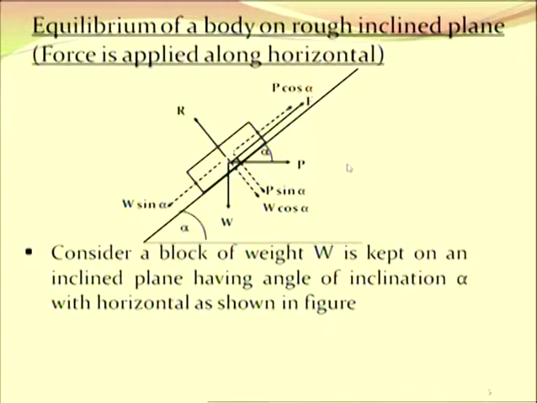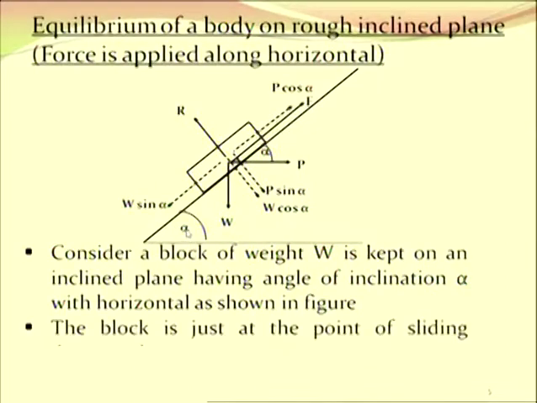For the analysis, consider a block of weight W kept on an inclined plane having angle of inclination alpha with the horizontal, as shown in the figure. So here alpha is shown. The block is just at the point of sliding downwards. As the block is just about to slide downwards, friction is acting upwards.